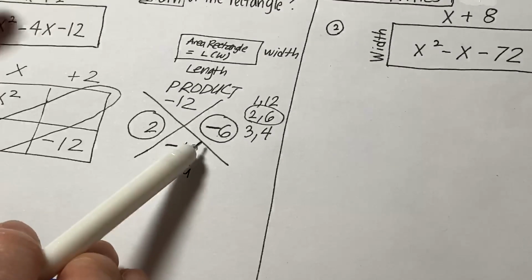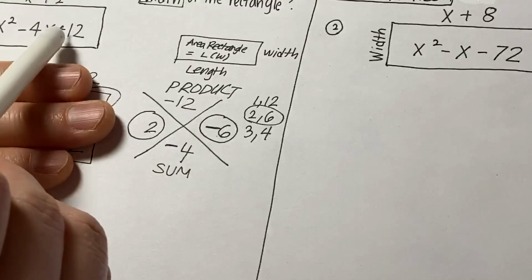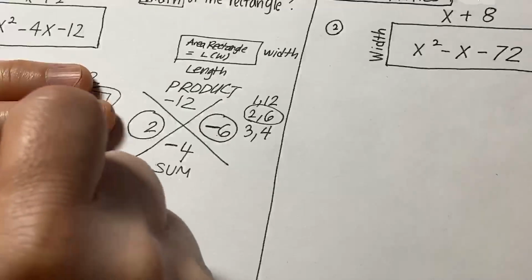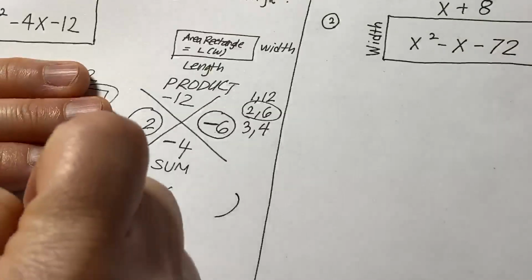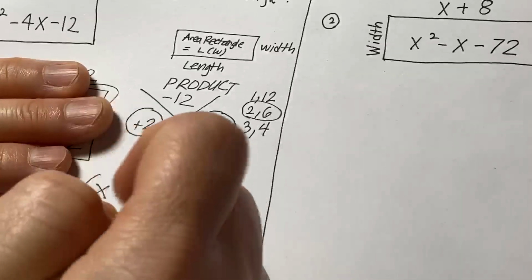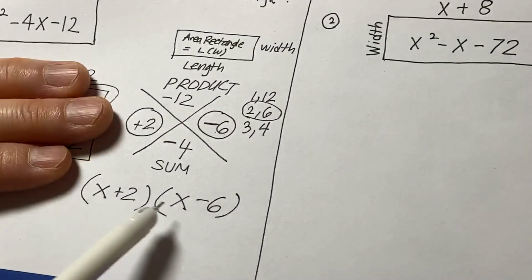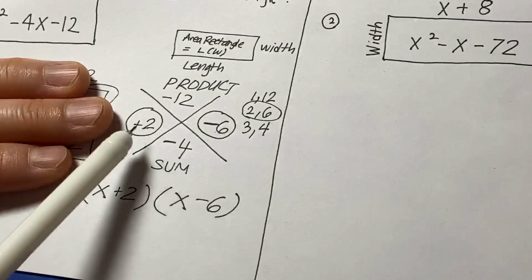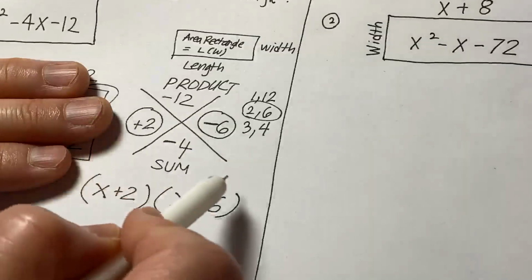So what do we have here? If I were to look at this and I went straight from this quadratic to this problem, I have already set up my factors. What did I get? I got x plus 2 and I got x minus 6. If you remember, x times x is x squared, and whatever we got from the x factor, we put in the parentheses.